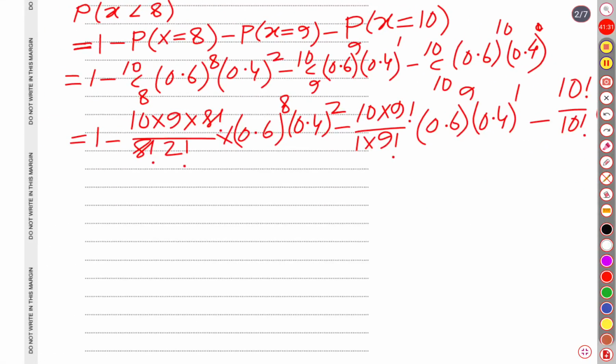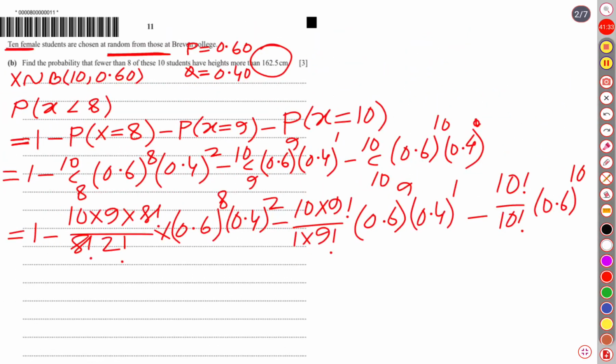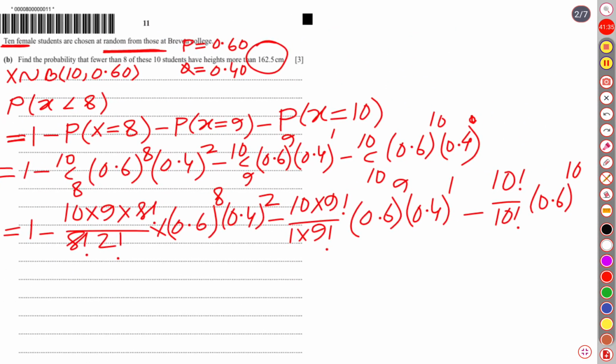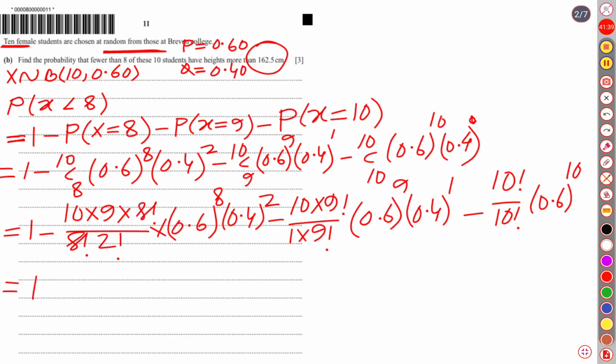After that, if we simplify, what is it going to be? Okay, let us do the simplification. 1 minus, so 8 factorial and 8 factorial dissolve each other. There remains 2 factorial, which means 2, so 90 over 2 is 45. 45 into 0.6 raised to 8, and 0.4 squared.